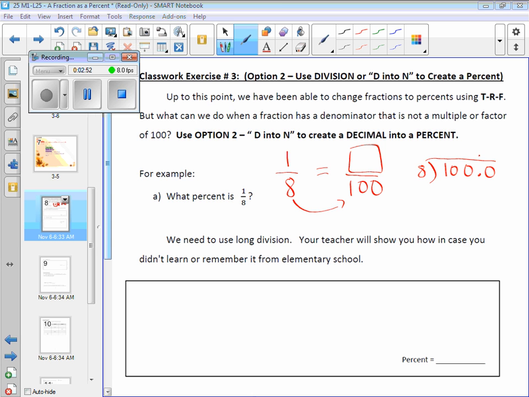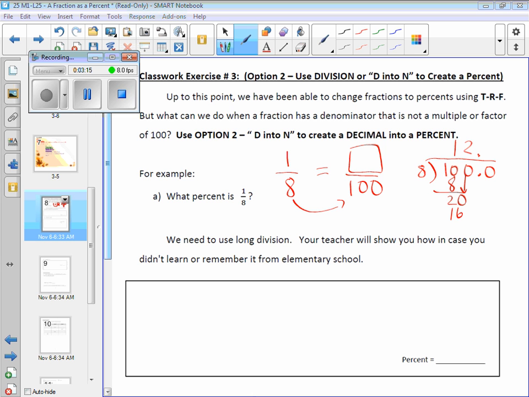Raise the rock. And now I go through my division exercise, 8 into 10. That makes 8, right? All right, but let's work through it first, because then I'm going to show you the shortcut or the D into N method. 8 into 20. Mallory.